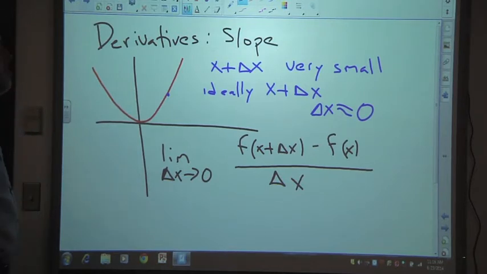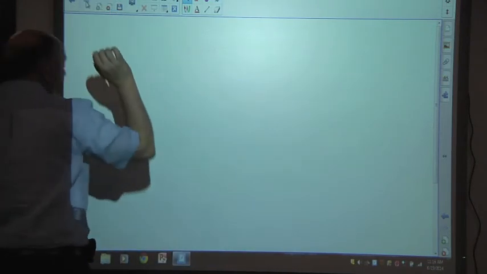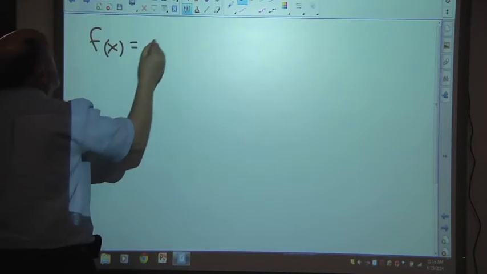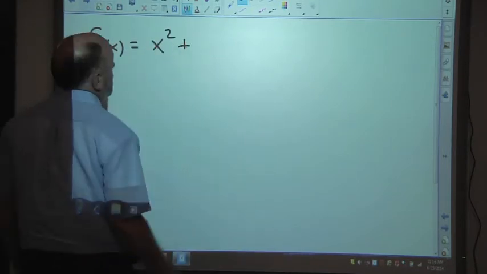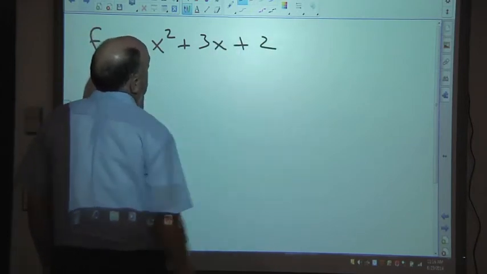So if I go back to one of my previous examples, we said that f of x was x squared plus 3x plus 2.